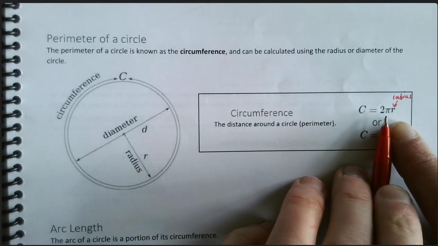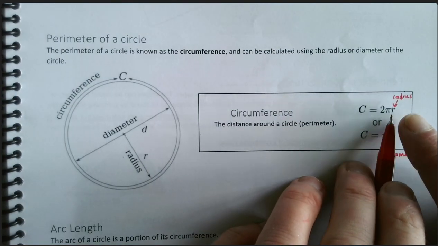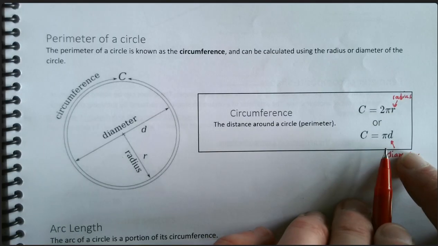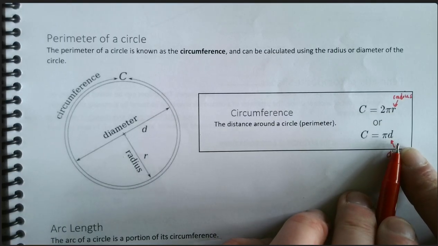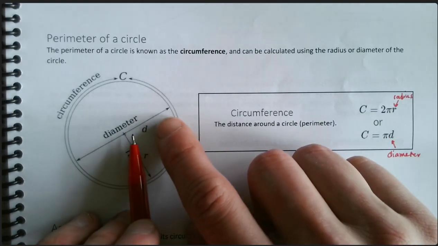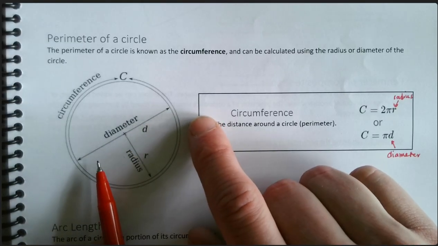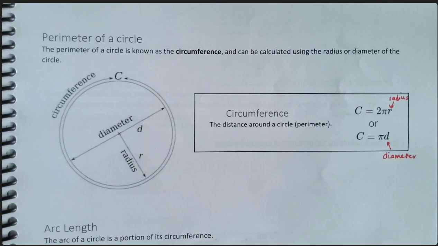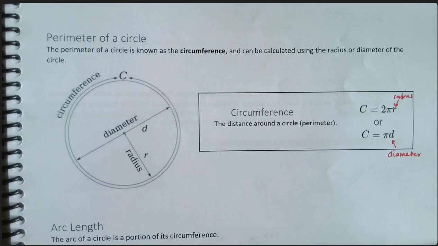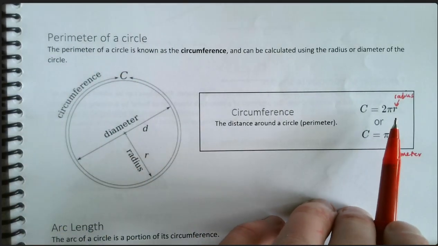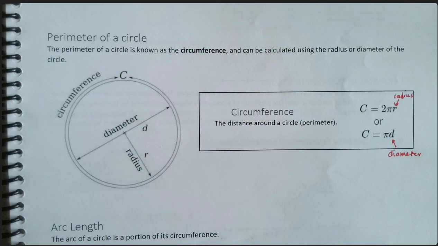It's 2 times pi times the radius, or just pi times the diameter. Right? Because the diameter is 2 times whatever the radius is. It's the radius plus the radius. That's how we get from this side to the other side. That's all well and good. Just making sure you know where pi is on your calculators. If you're not sure, you can find it down on the left-hand side, I believe, down the bottom.